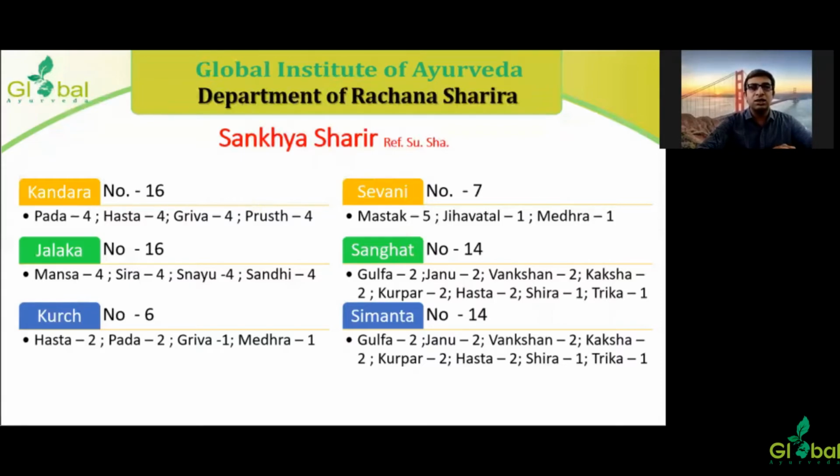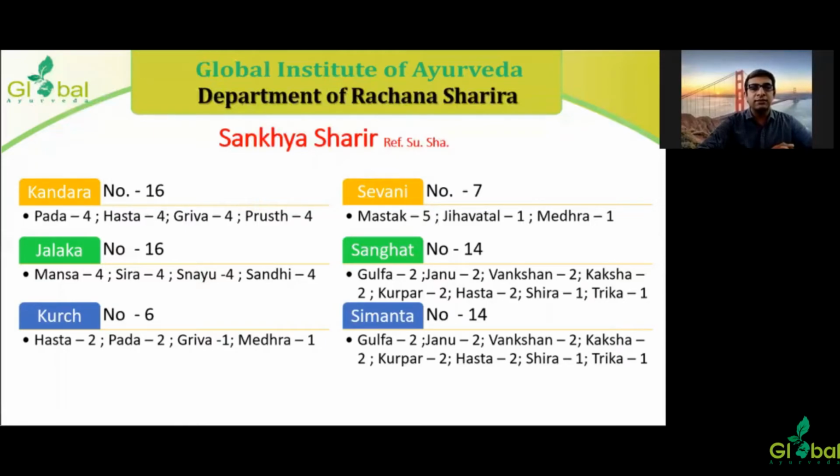Sanghata of the asthi: 2 in gulpha, the ankle joint, 2 in janu, that is the knee joint, 2 at vankshana, the hip joint, 2 at kaksha, that is the shoulder joint, 2 at kurpara, that is the elbow joint, 2 at hasta, that is the wrist joint, 1 in shira, that is the occipito-atlanto joint, and 1 in trika, that is the joint between the ilium, sacrum, and coccyx.